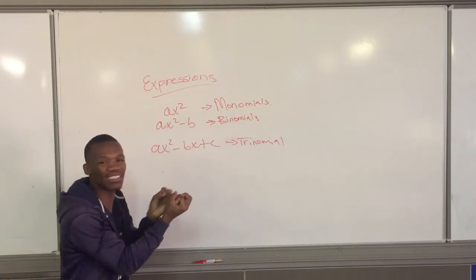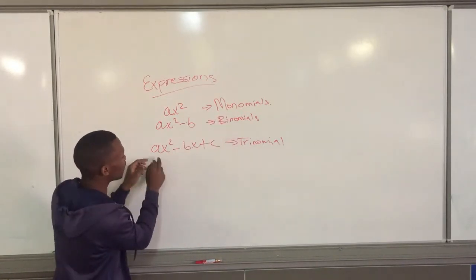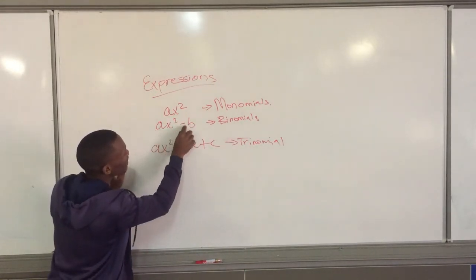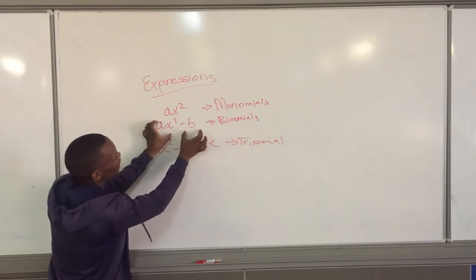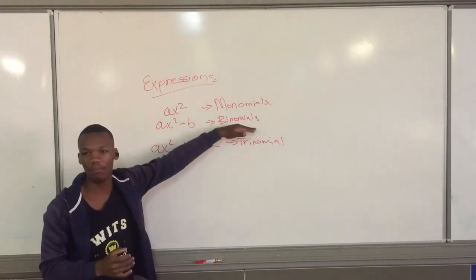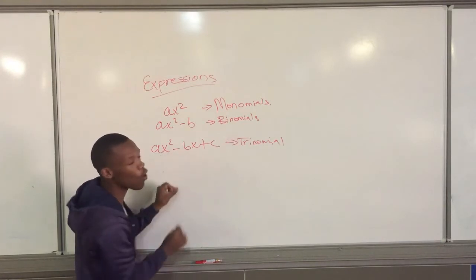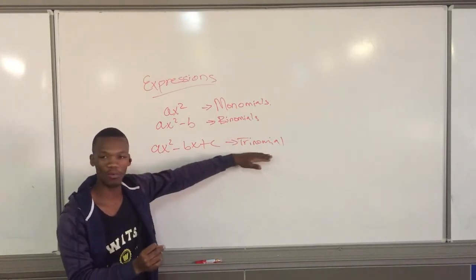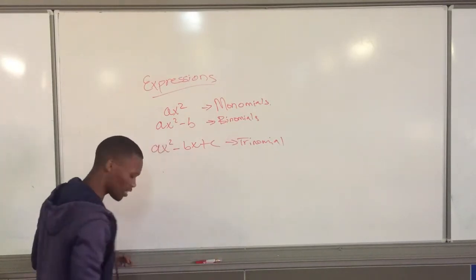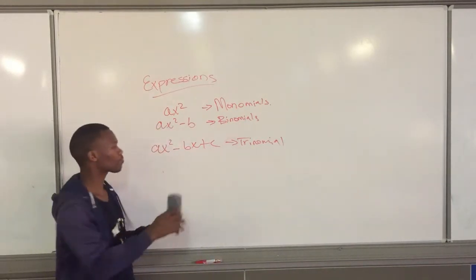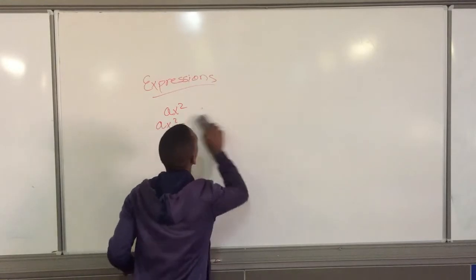Here, for example, we have ax squared minus b. There is an operation sign here separating the 2 terms, making it a binomial. 3 terms separated by 2 operational signs here, trinomial. I hope everything is clear now. You understand everything about expressions. We are going to move on.